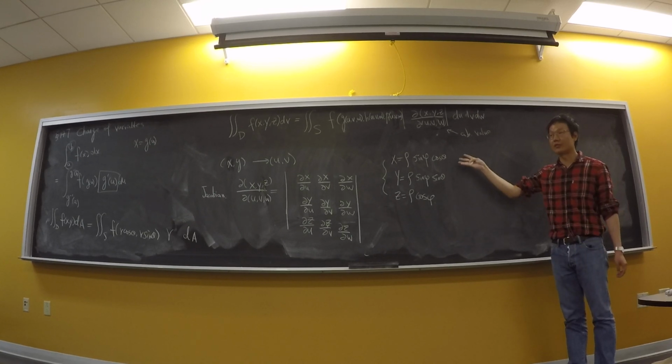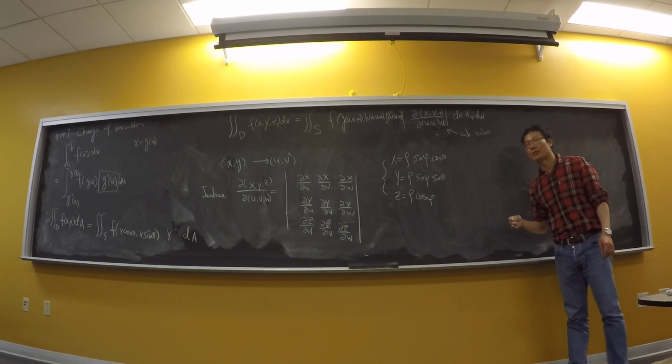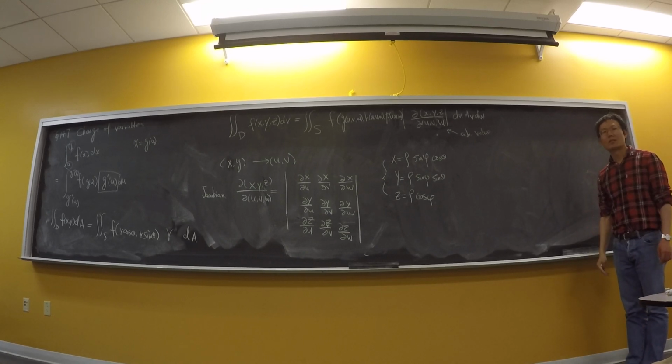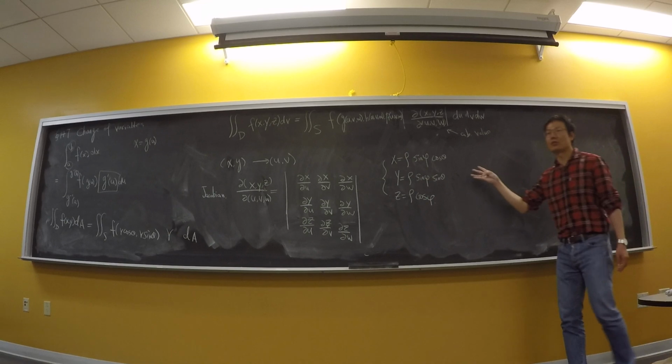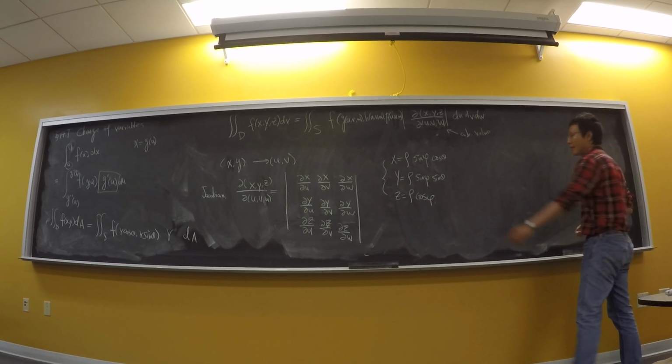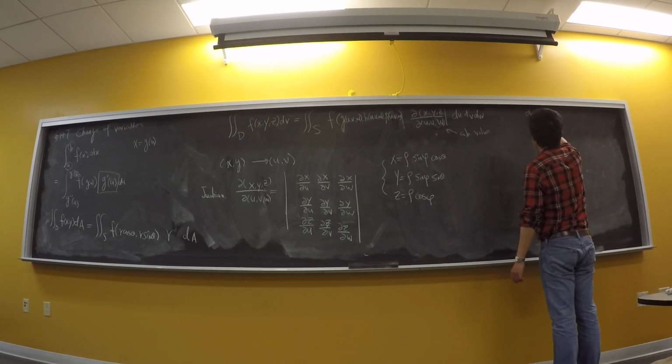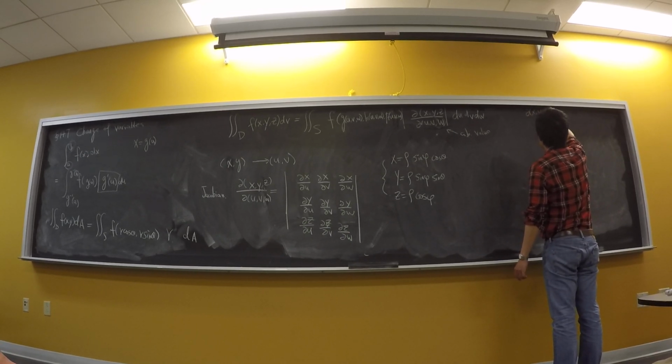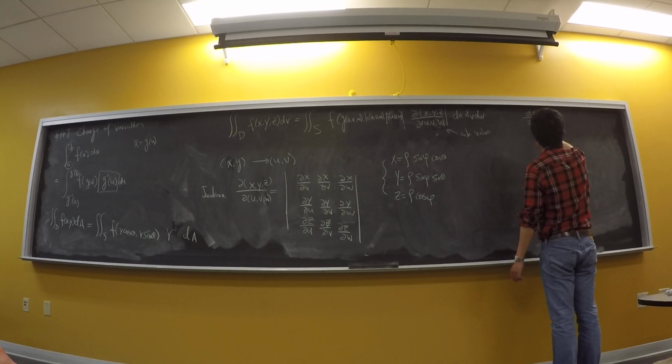You can use trigonometry to simply derive these formulas. Or, if you're not good at trigonometry, use this spherical coordinate system to practice your trigonometry skills. Okay? And then I want to compute partial x, y, z to partial rho phi theta.